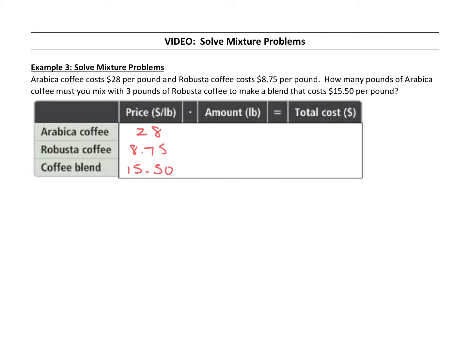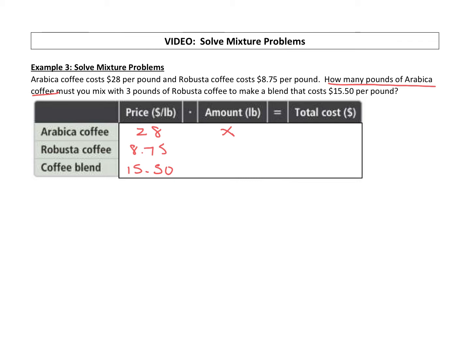Okay, so our next column, how many pounds are we talking? So the question is, how many pounds of Arabica coffee must we mix? That's the thing we don't know, so I'm going to put an X there. That's our unknown.